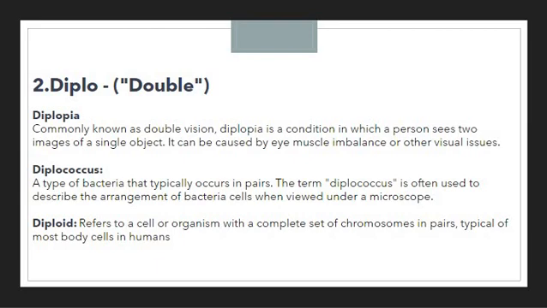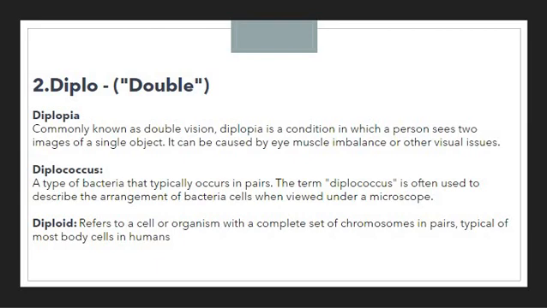Whenever a patient sees two images of a single object, that type of condition is represented with diplopia. The prefix we are using is diplo. So this is all about diplopia.